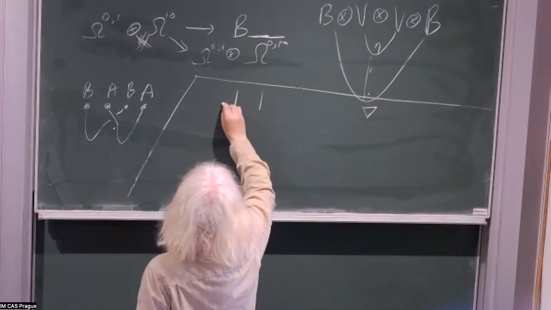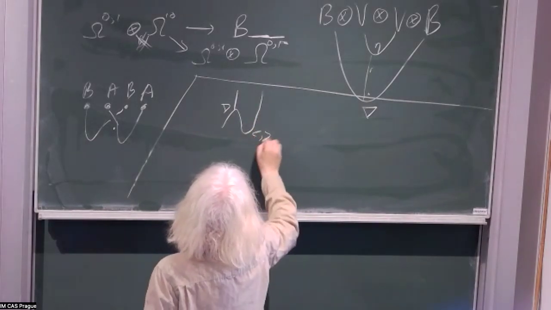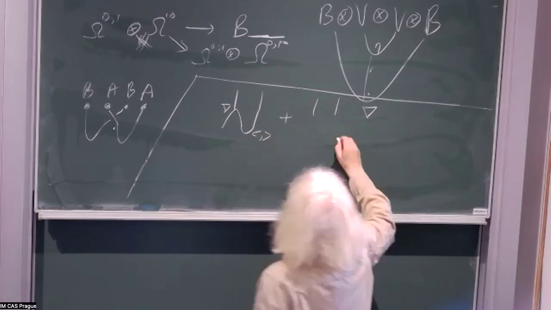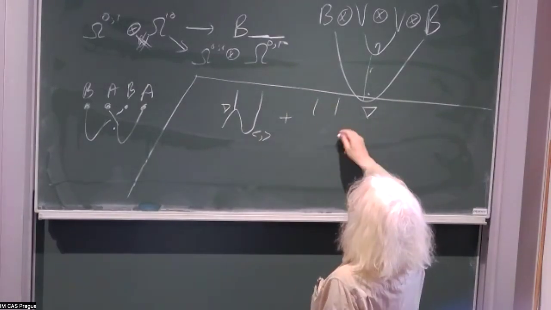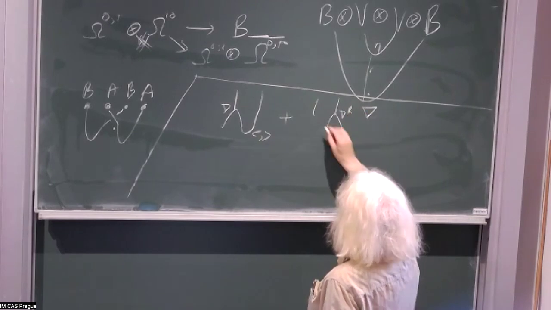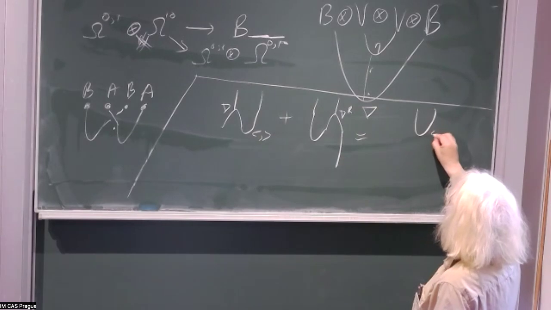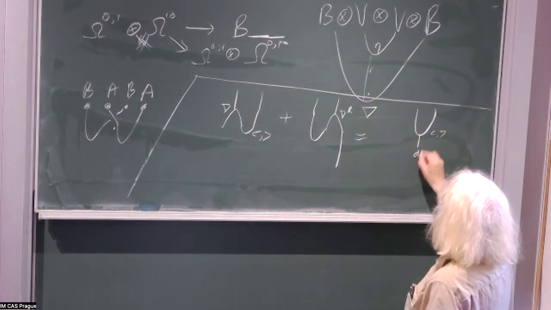Okay, so if we have a connection here, this is a left connection, then I do an inner product here. I now want to do the same thing on here, but I have to use a right connection on here, do an inner product, and that's equal to what happens if I just take the inner product and then apply D to it.